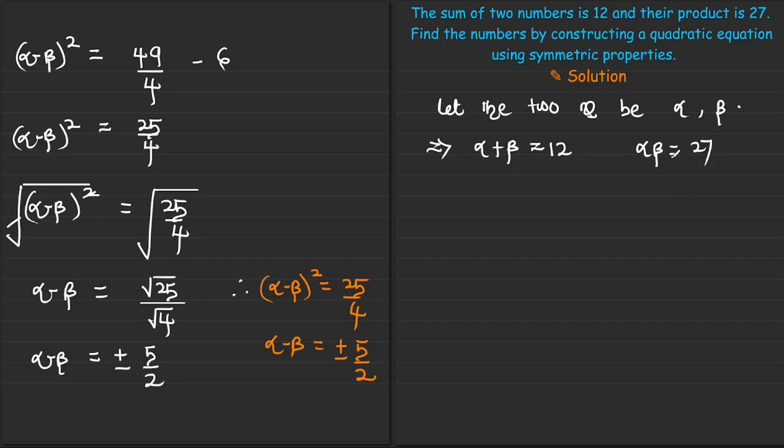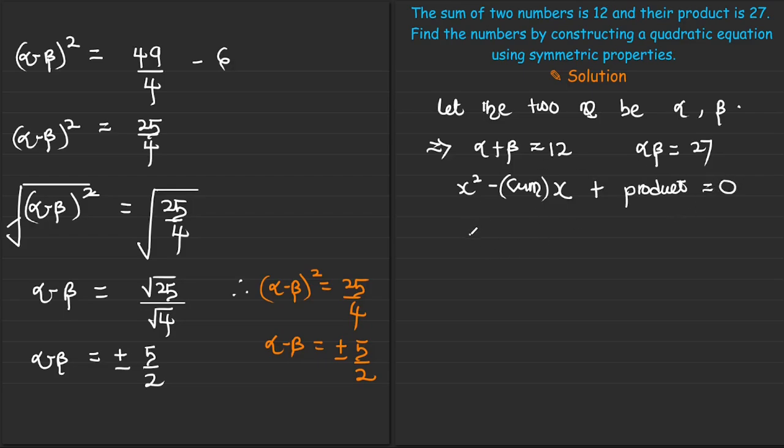Now with this, we can form a quadratic equation with the sum and then the product. We know for alpha and beta, the quadratic equation is given as x squared then minus the sum of the roots x and then plus the product of the roots should give us what? 0.